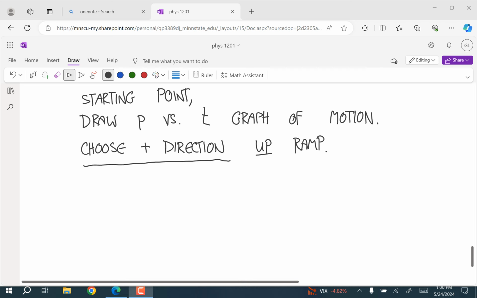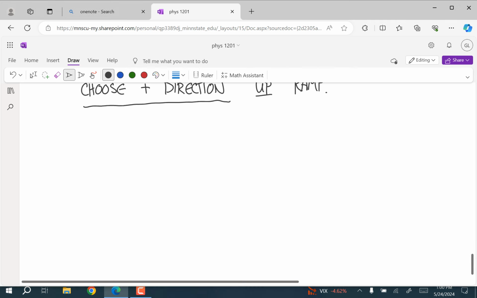Well, I'm going to start out by sketching what's going on. So say this is the ramp. And the ball starts out here, and it rolls up the ramp this way until it gets to this location.